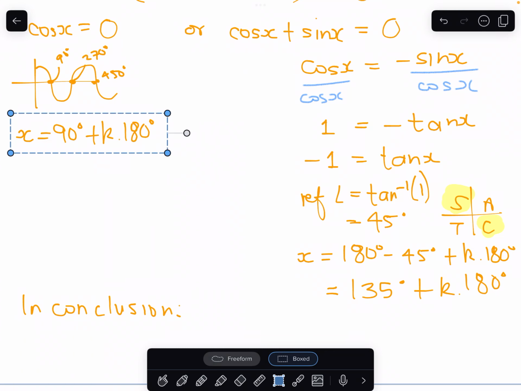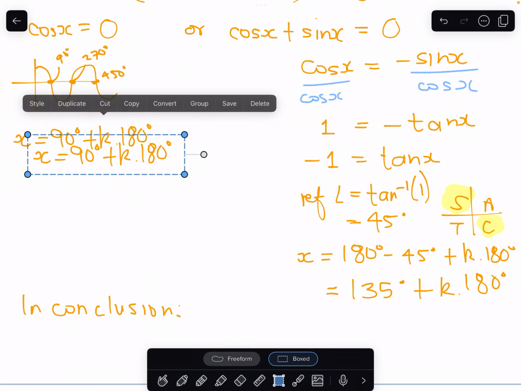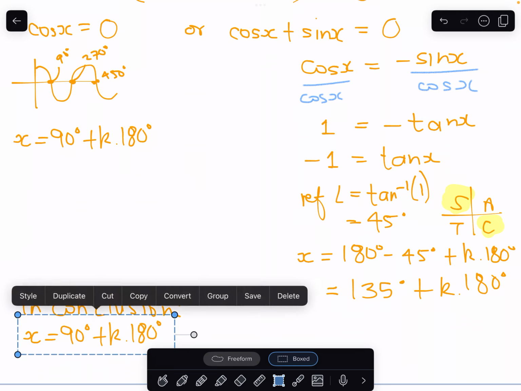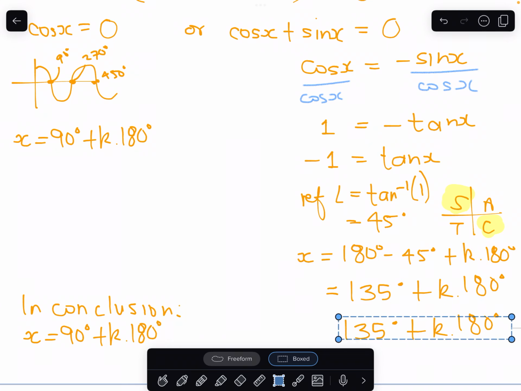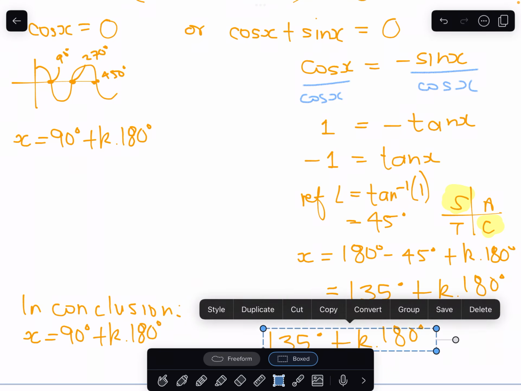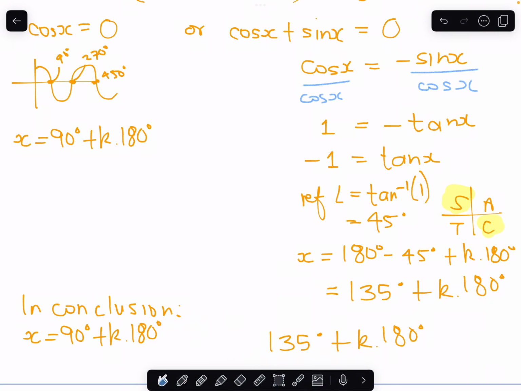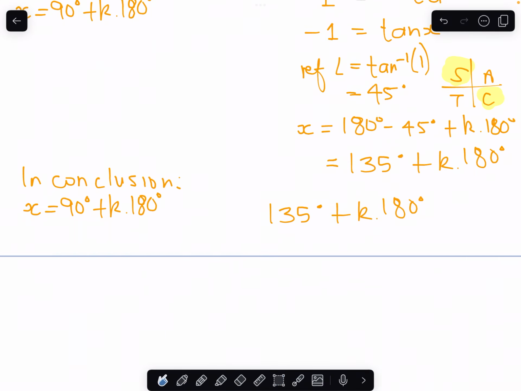Let me just put these all in one place. Okay, so these are the places where the identity is not defined. I want to see if there's one expression that can encapsulate both of these.